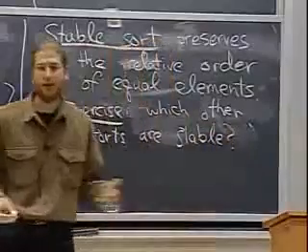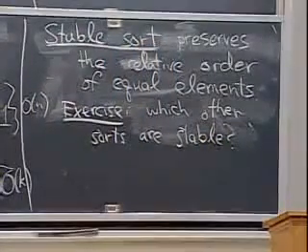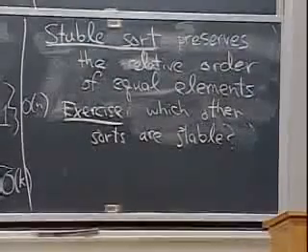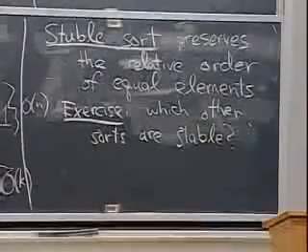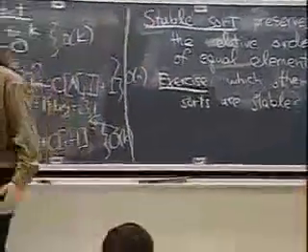I encourage you to work that out because it's the sort of thing we ask on quizzes. But for now, all we need is that counting sort is stable. And I won't prove this, but it should be pretty obvious from the algorithm.